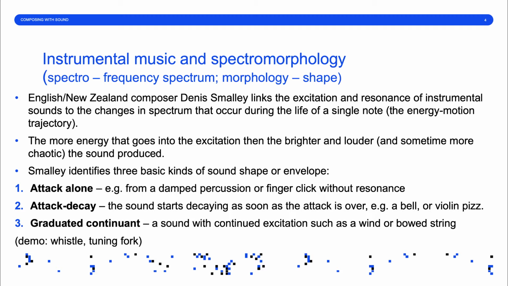So we're talking here about the shape of the frequency spectrum of an instrument or of a sound as it evolves over time. So Dennis Smalley linked the excitation and resonance of instrumental sounds to the change in spectrum that occurs during the life of a single note. He called this the energy motion trajectory.